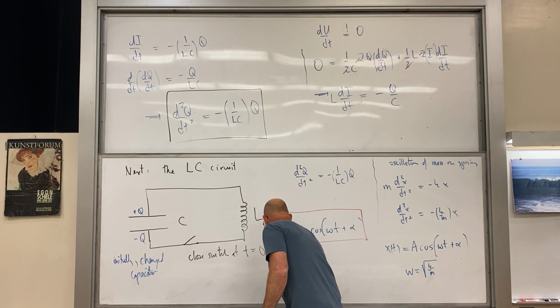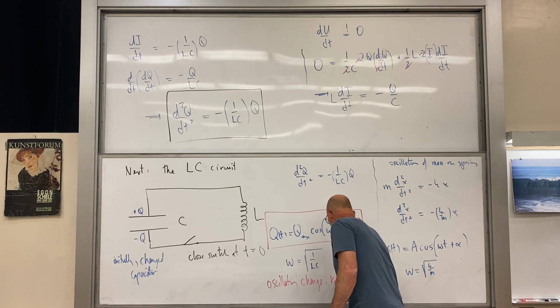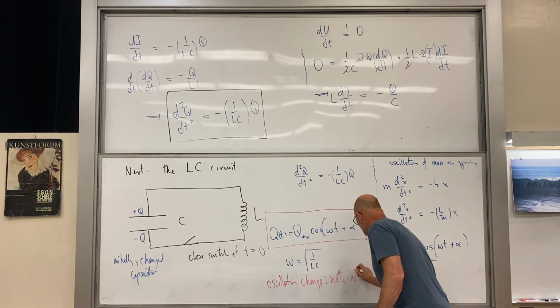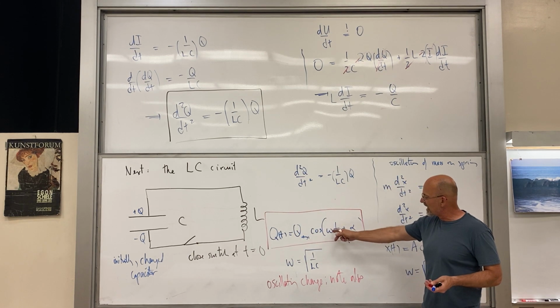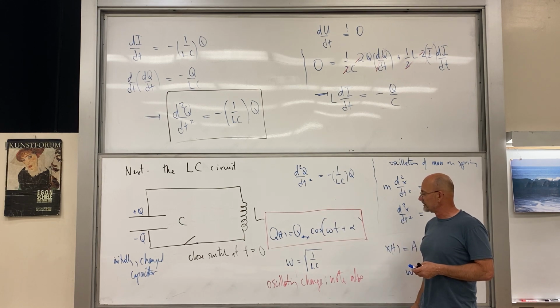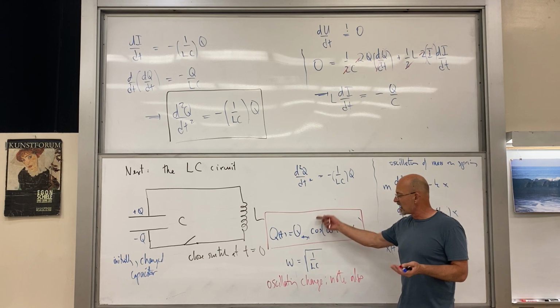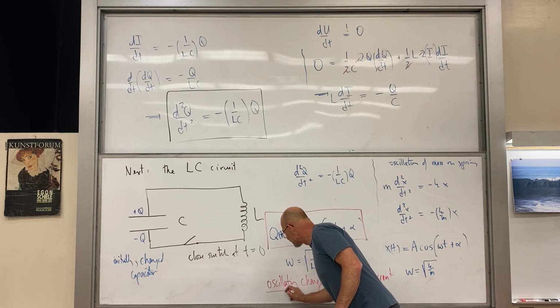So let's write this: oscillating charge, and then note also oscillating current, because dq dt is just going to be minus the sine of this, with the little omega pulled out, and that current will also be oscillating.